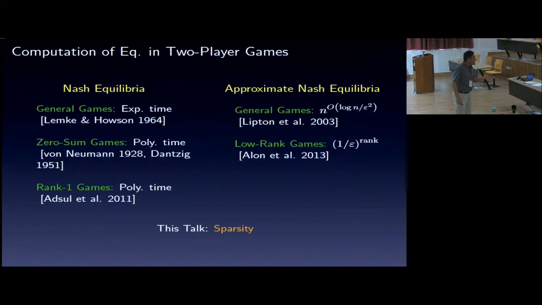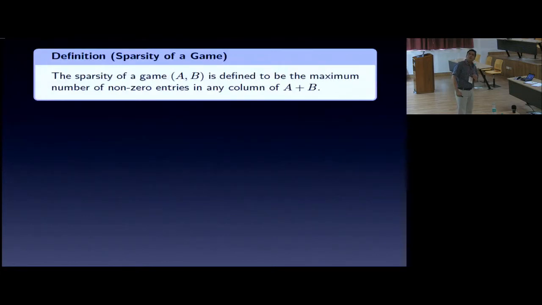So that's the measure I'll use to measure structure over games. In particular, I define the sparsity of the game to be the number of non-zero entries in any column of the sum of the two payoffs.